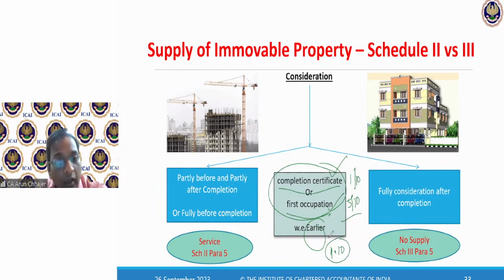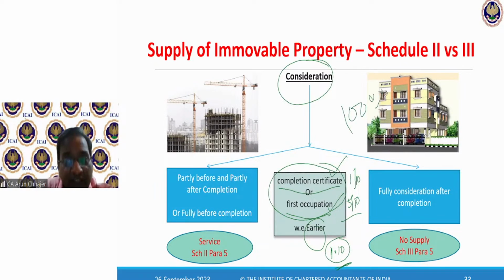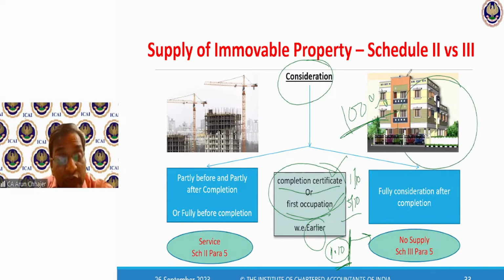If 100% consideration is being received after this date, then it will be treated that I have sold the completed flat to you and it will be out of GST.